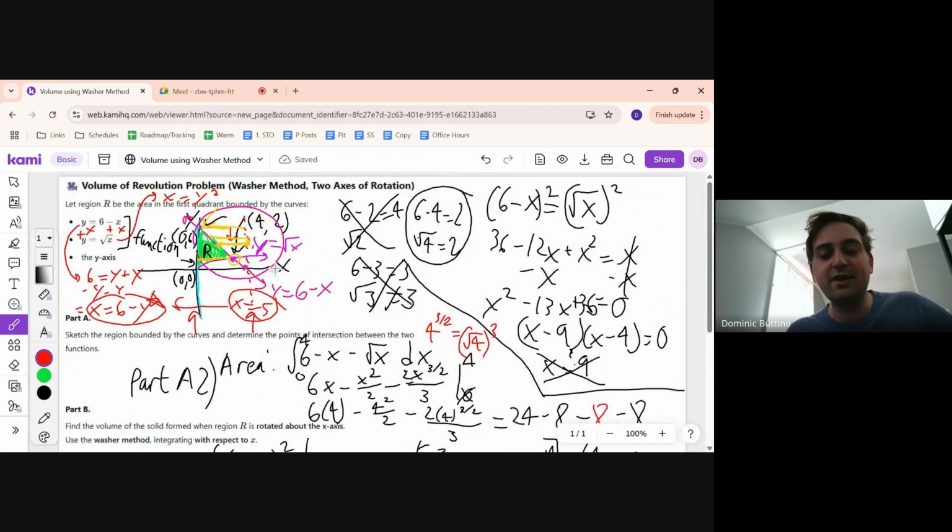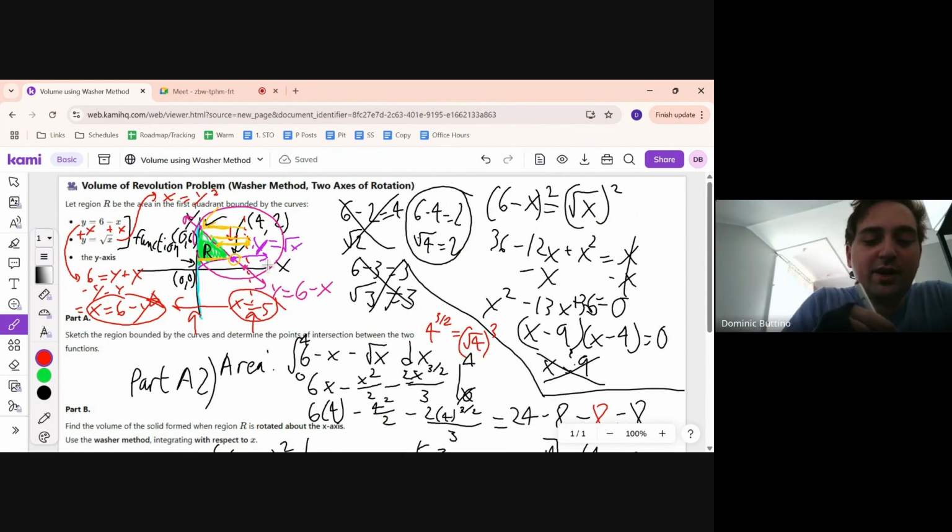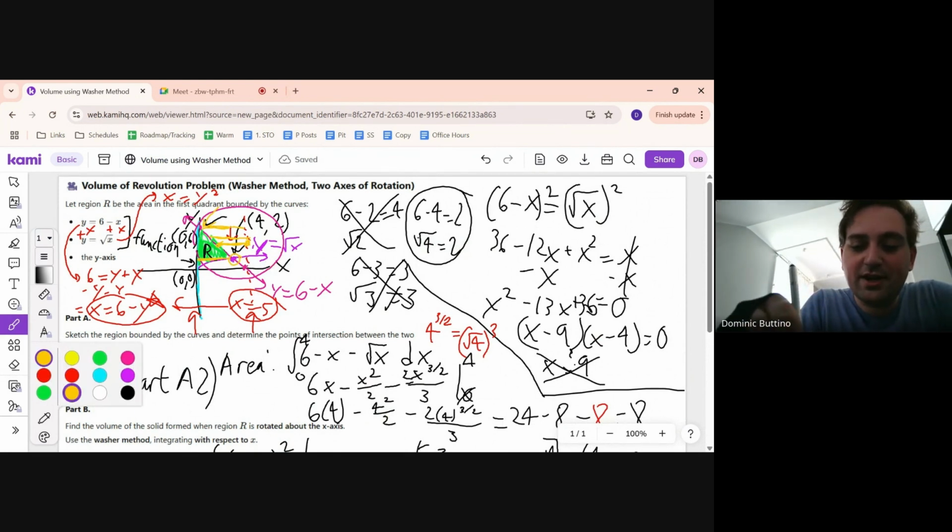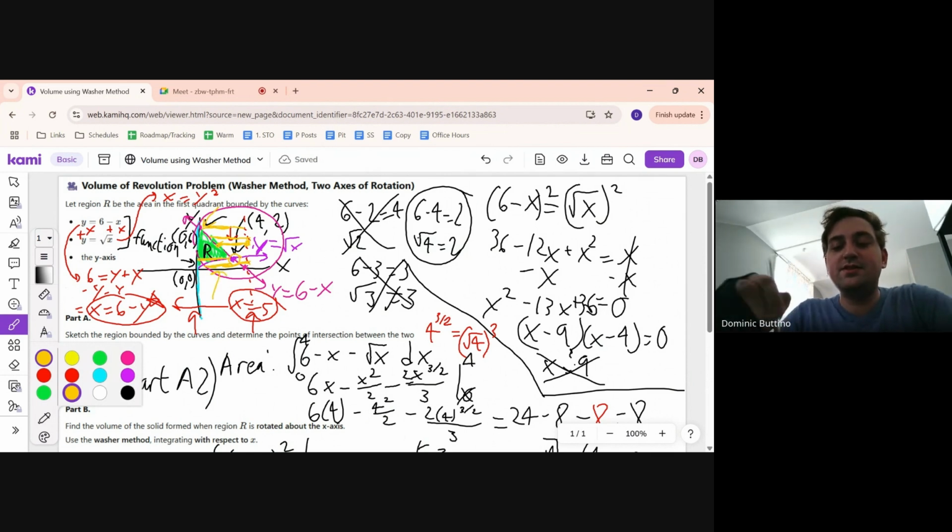And what we have to do for that one is the same thing. The radius we want to subtract out goes from x equals 5 to the curve. So that means we're going to do x equals 5 minus y squared. That's it. Again, that means the radius we're subtracting out, the inner radius at 0, is 5.